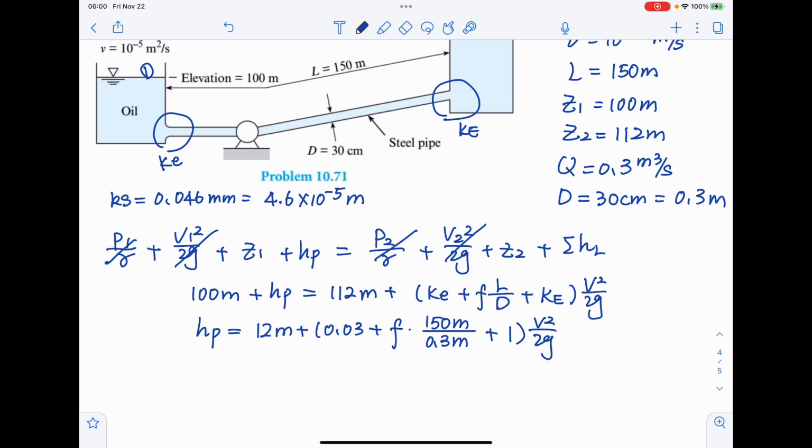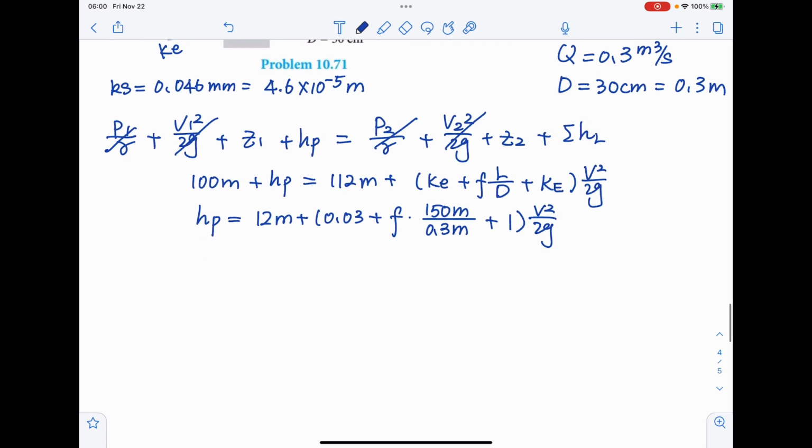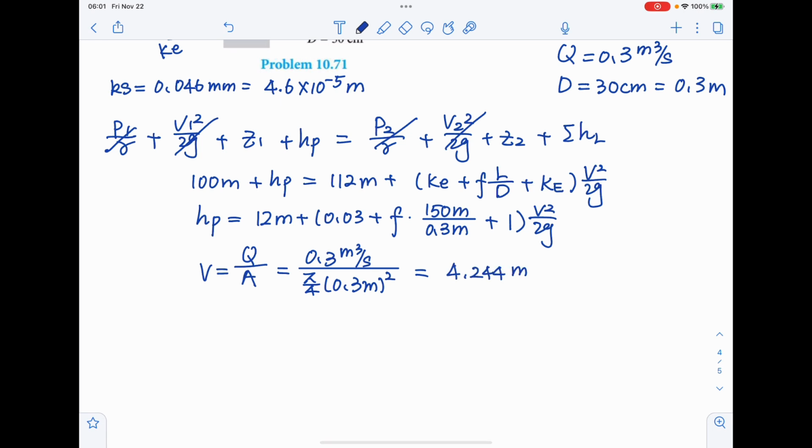So the V here, because we have the Q and we have the diameter, so V equals Q divided by A. And Q is 0.3 cubic meter per second. Area is pi over 4 times the diameter, which is 0.3 squared. So the velocity is 4.244 meter per second.